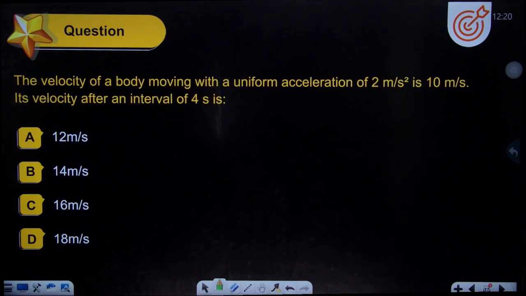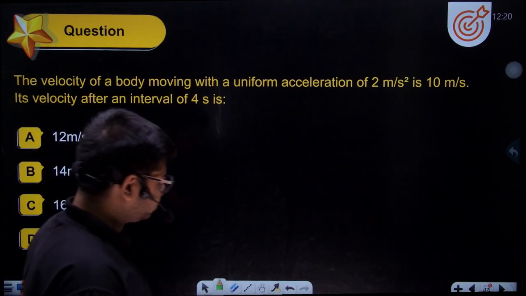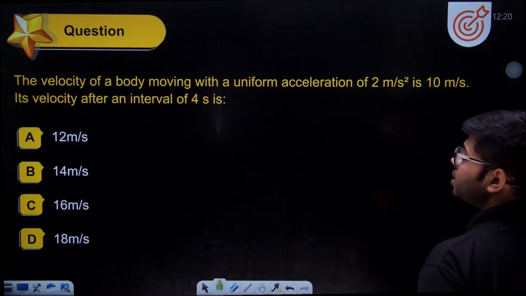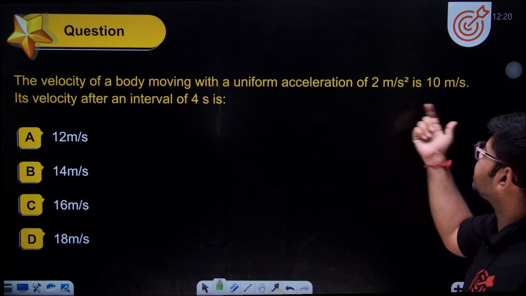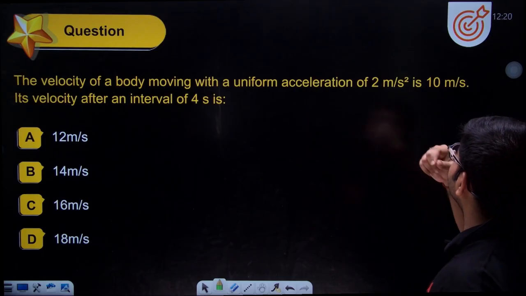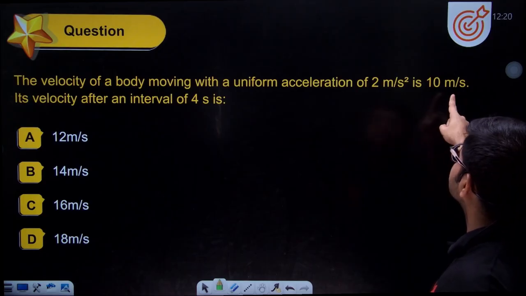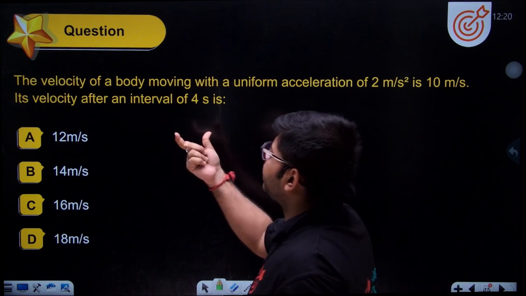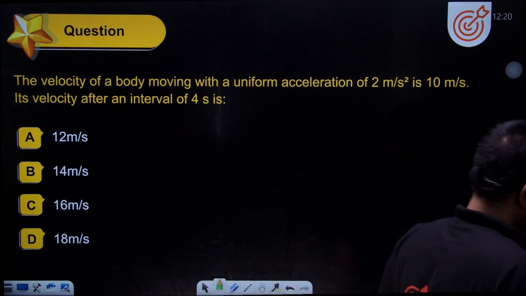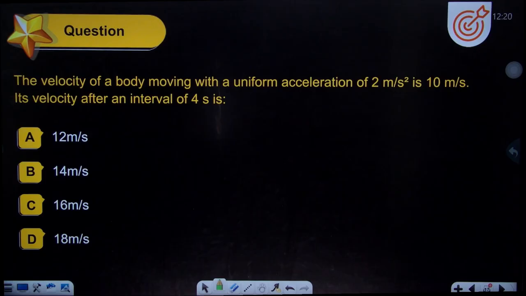Okay, now let us solve this question. The velocity of a body moving with a uniform acceleration of 2 meter per second square is 10 meter per second. Okay, its velocity after an interval of 4 seconds is.